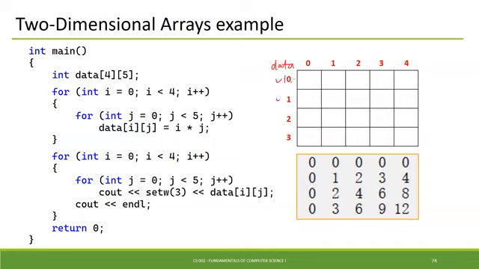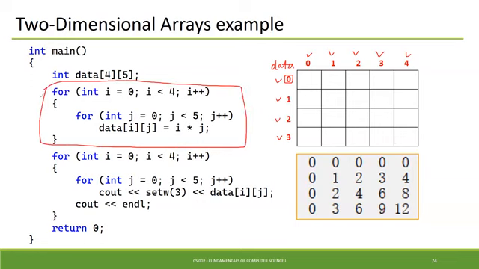So row 0, row 1, row 2, row 3, and then column 0, column 1, column 2, 3, 4. And look at this one. See, we need a nested loop. You should understand this one.